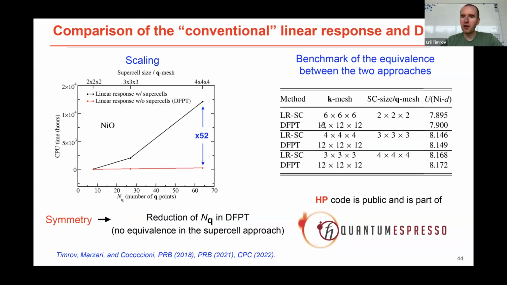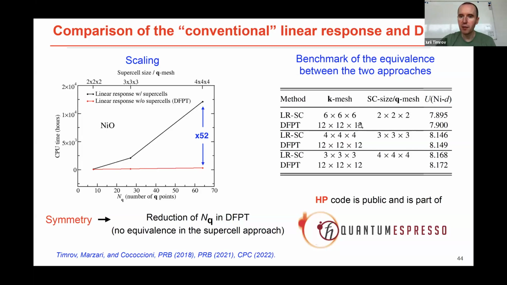And on the right, I'm showing the comparison of the old approach, linear response with supercells, versus DFPT, density functional perturbation theory, with primitive cells. And they give Hubbard U values that are the same within the numerical noise. So for example, if you take a supercell of size 2x2x2 and use a K-mesh 6x6x6, you get a U value of 7.895.